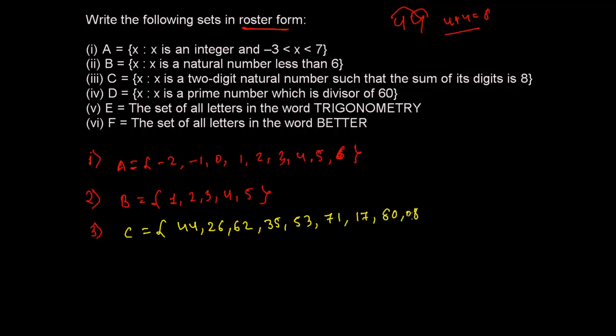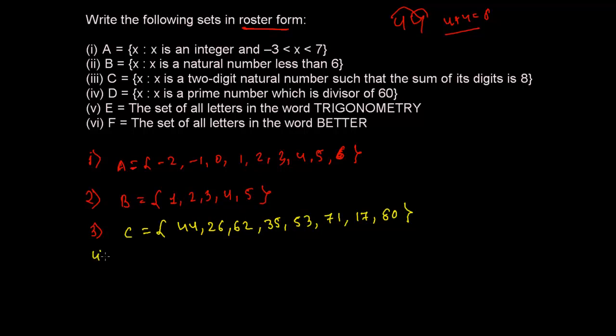You cannot write 08, because 08 is actually a 1-digit number, just 8, so you have to remove this. So I think these are all the elements: 44, 26, 62, 35, 53, 71, 17. I think it is right. If I missed something, then please comment just below this video. I will try to add it later.